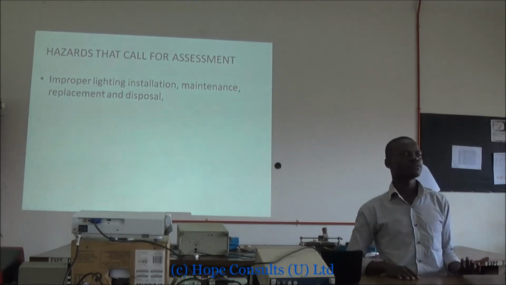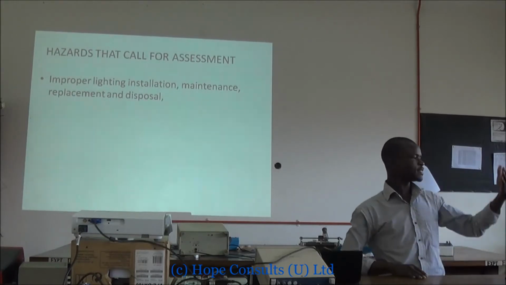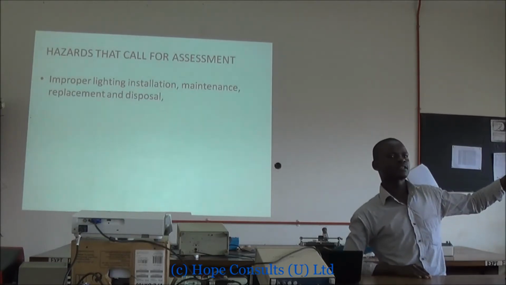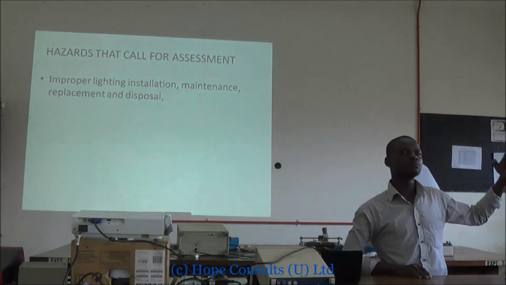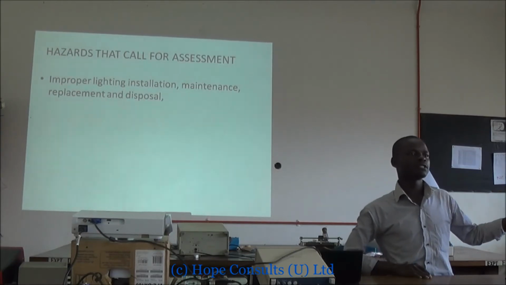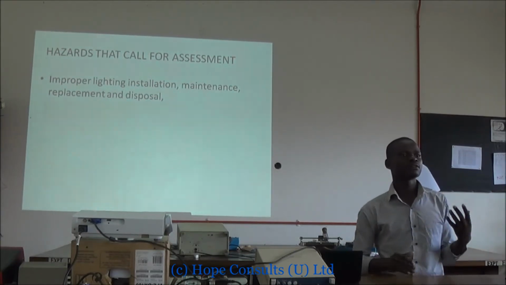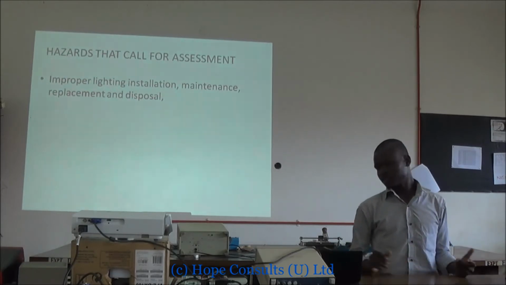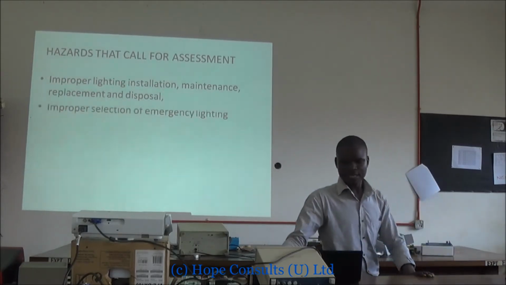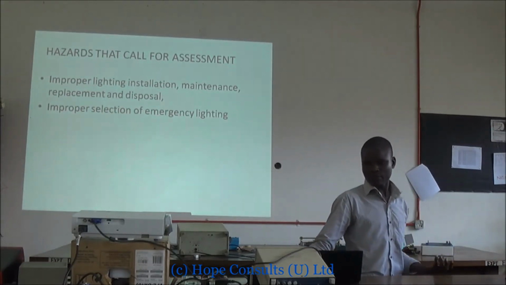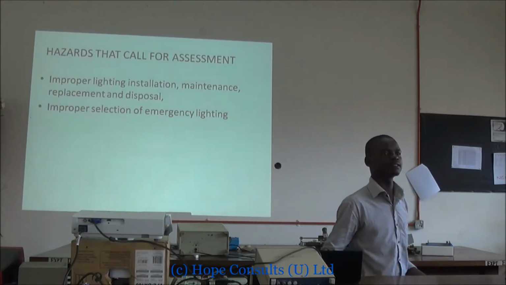For instance, in the labs, you have chemicals that you need to really see, that maybe this is a dangerous chemical and you have to take care about it. But the lighting which is there is not allowing you to see it carefully. Then we have improper selection of emergency lightings.